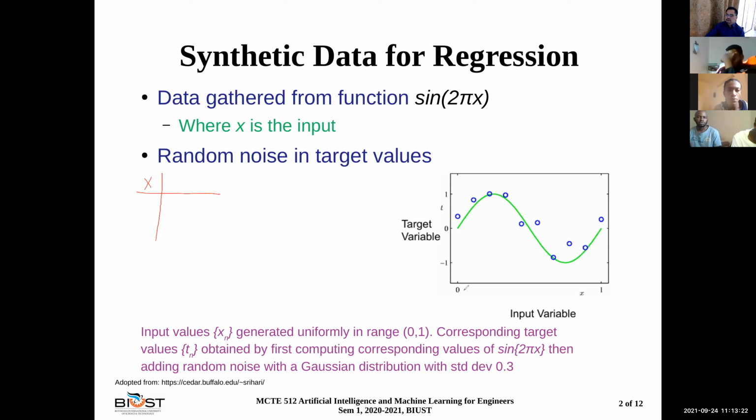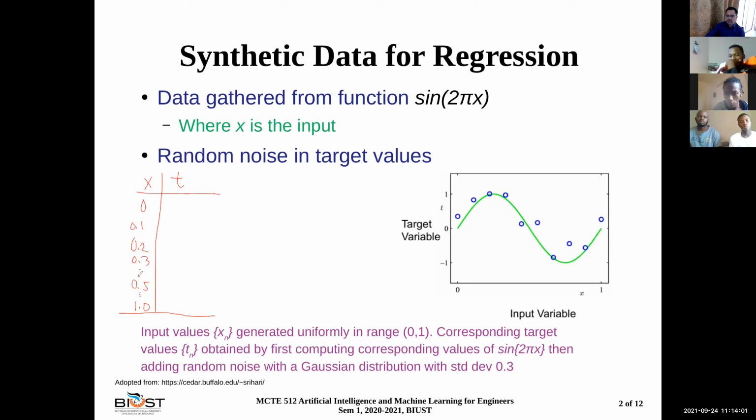For example, x goes from 0 in increments of 0.1, then 0.2, 0.3, like that, up to 0.5 and up to 1. So that's the table of values, with some values in between.